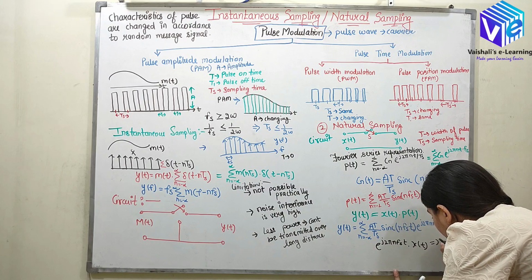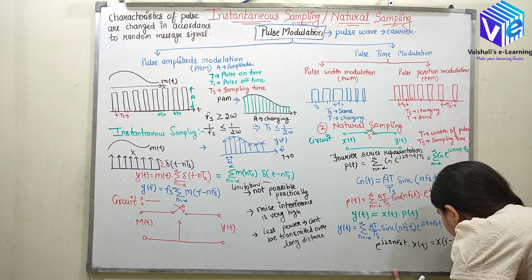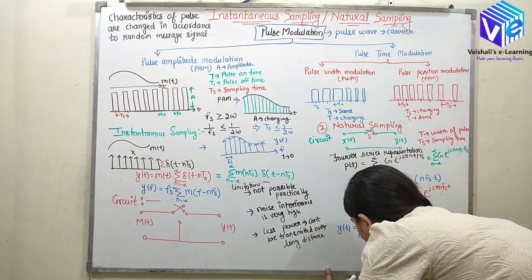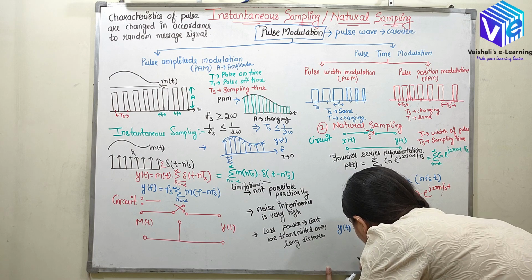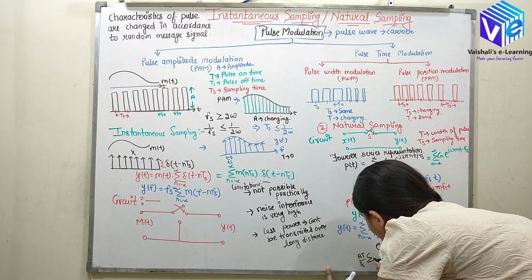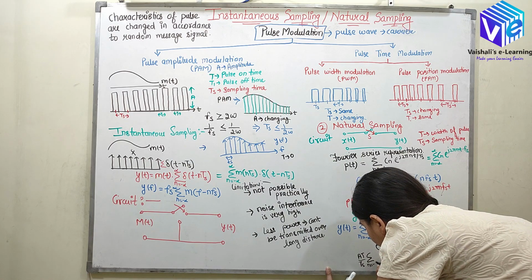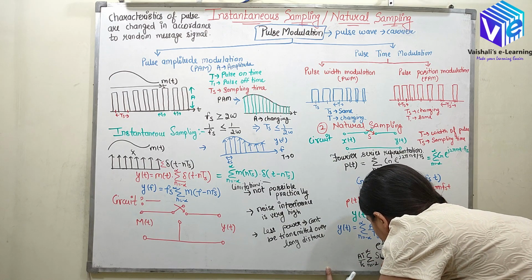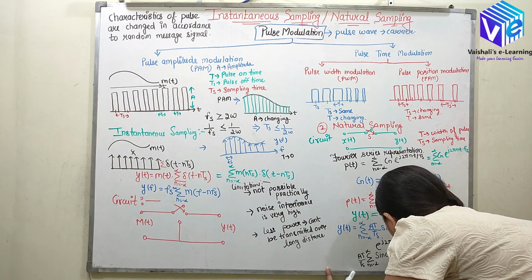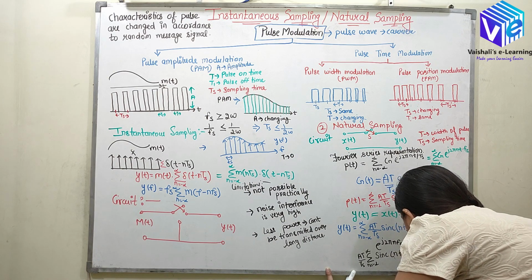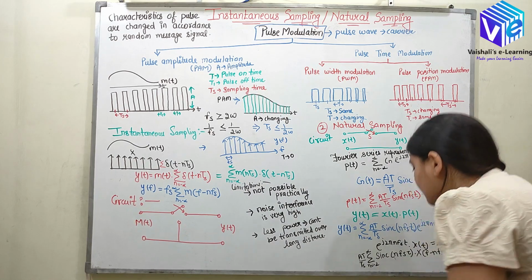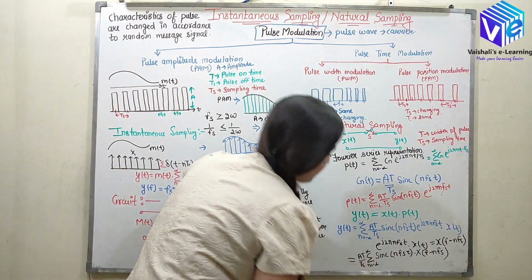So here it is represented as X(f minus n Fs) in the frequency domain. So I can take A tau by Ts outside, since these are constant for the pulse. So n equal to minus infinity to infinity sinc(n Fs tau) is multiplied with X(f minus n Fs). So this is my output y(t).